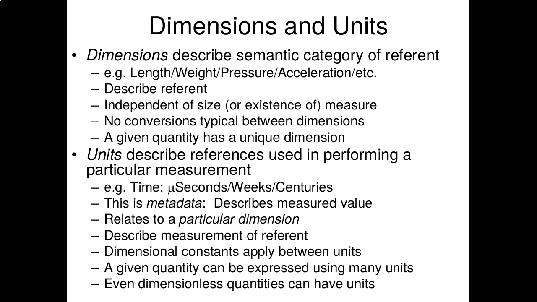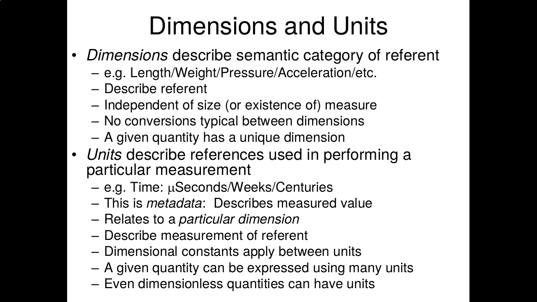But the point is that it refers to a broad type of quantity. You'll notice I didn't say length per second. I said length per unit time. I didn't say meters per second. Meters per second is an example of a unit. Length per unit time is an example of a dimension, because it's not specific about the units.